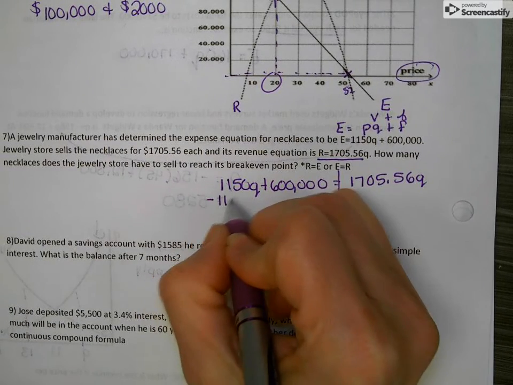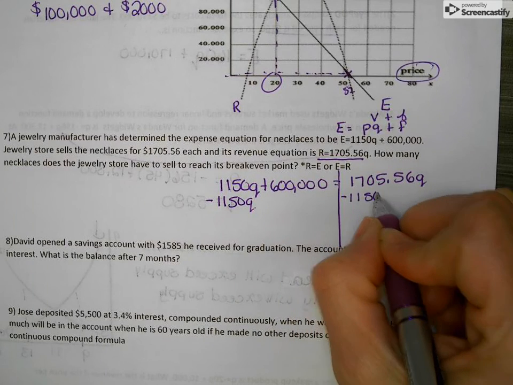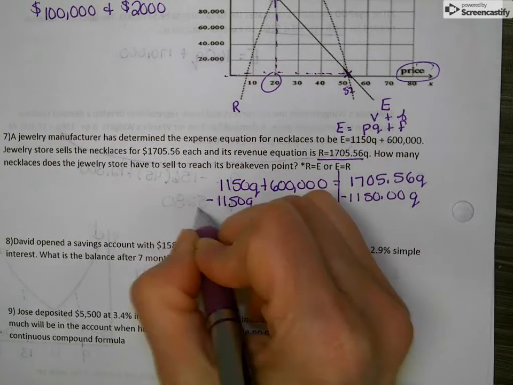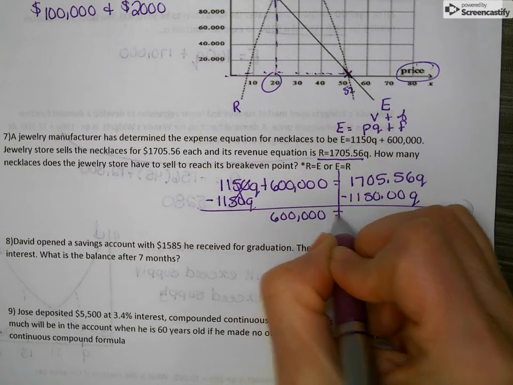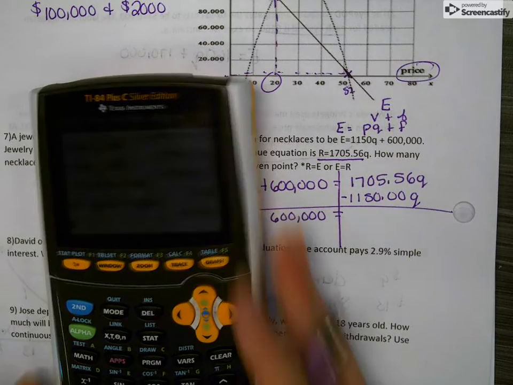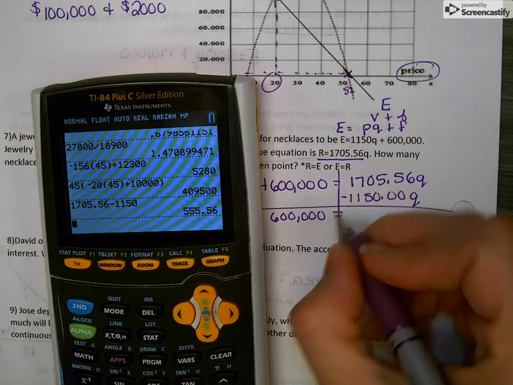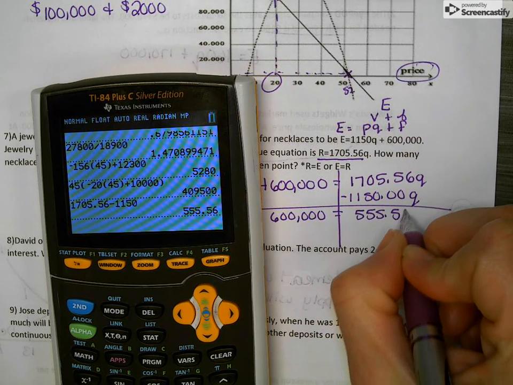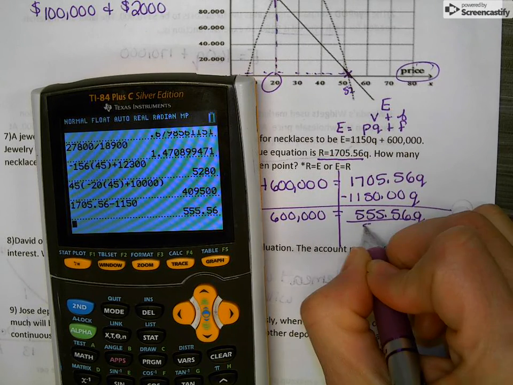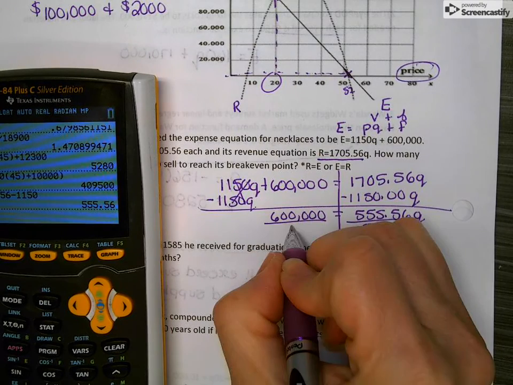I'm going to subtract 1150 Q from both sides of the equal sign. And I get 600,000 equals 1705.56 minus 1150, and we get 555.56 Q. Divide both sides by $555.56.